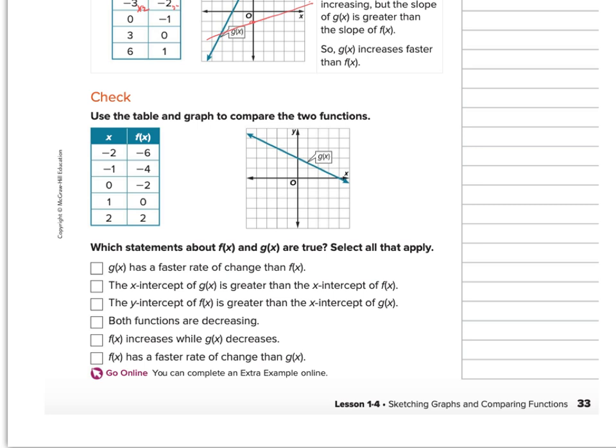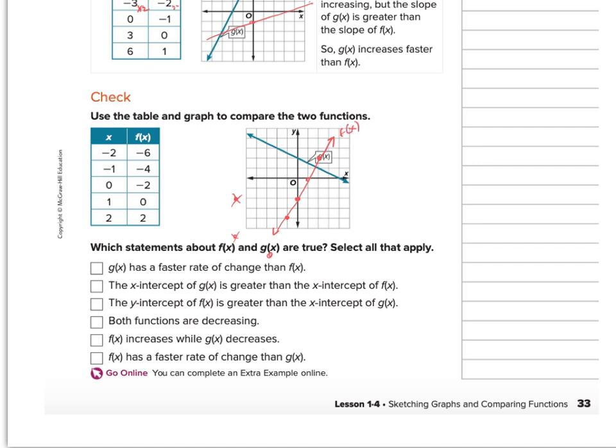I'm going to go ahead and graph this function. 0, 0, -2, 1 and 0, 2, and 2. So it looks like I have this function going on right here. That is my f of x function.